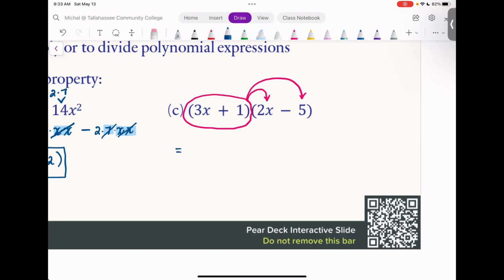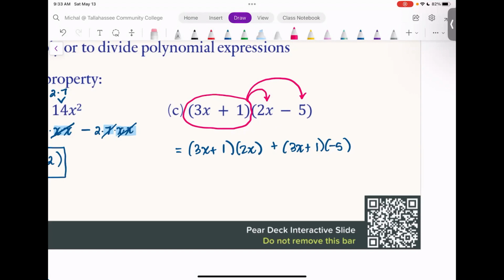This gives me the expression 3x plus 1 times 2x plus 3x plus 1 times negative 5. It's important to note that the subtraction of 5 can be written as the addition of a negative number. So that's why I wrote a plus here in the middle, but I kept my negative sign with the 5. That helps me make sure that I don't make any mistakes when I am calculating with my signs.